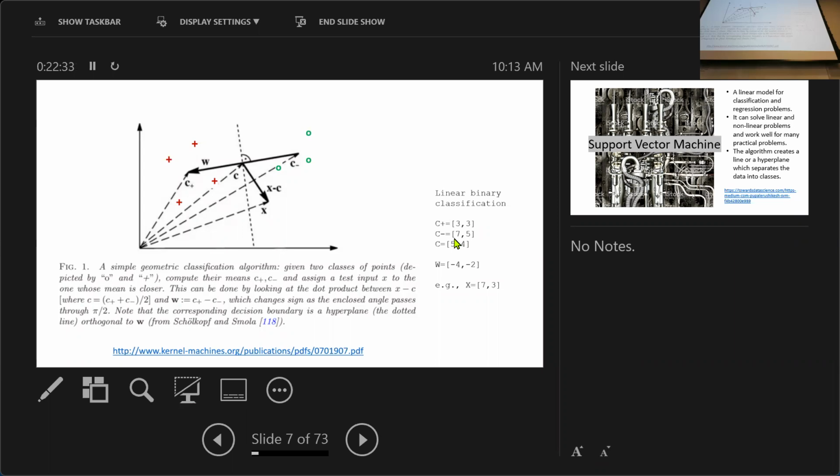You know this is the norm of X minus C times the norm of W times cosine theta. This theta is this one, right? So that's theta. If theta is greater than 90 degrees, then the cosine is negative; otherwise it's positive.